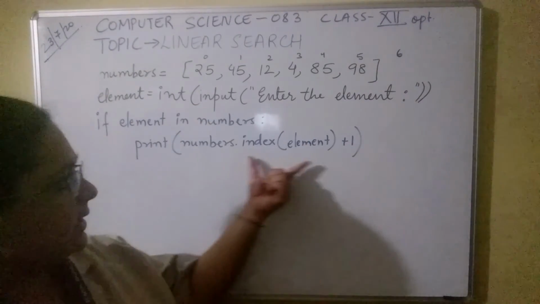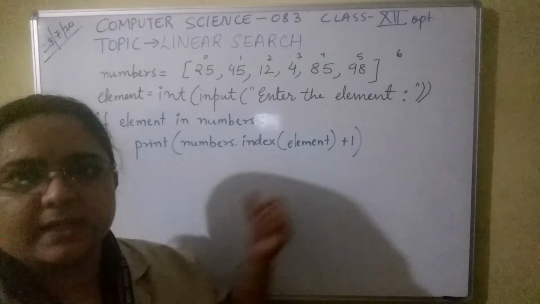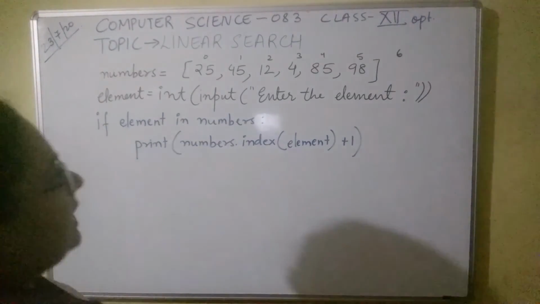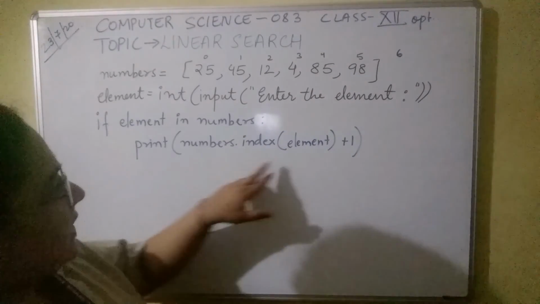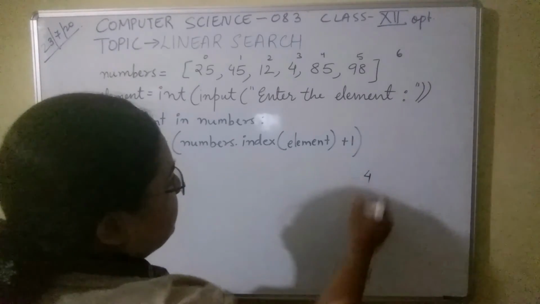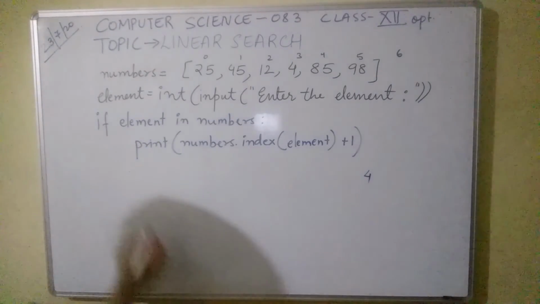Whatever will be the index of the element, that plus 1 will give me the exact position of the number. For example, element is 4 and we are looking for the index. Index is 3. 3 plus 1, I will get the position as 4 over here.